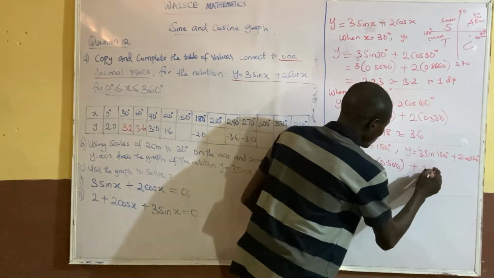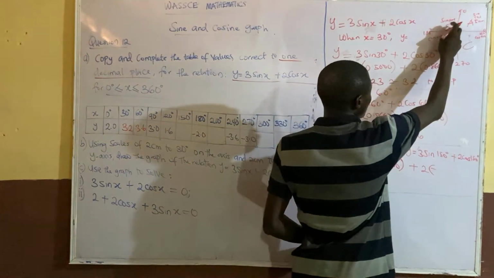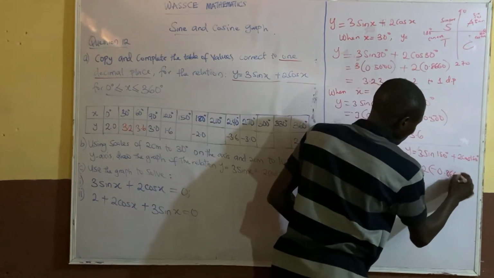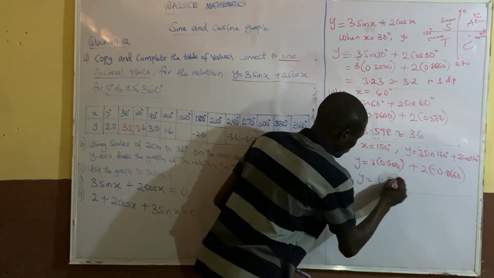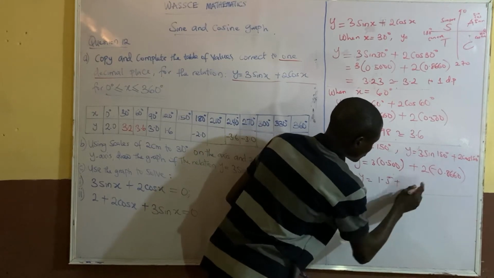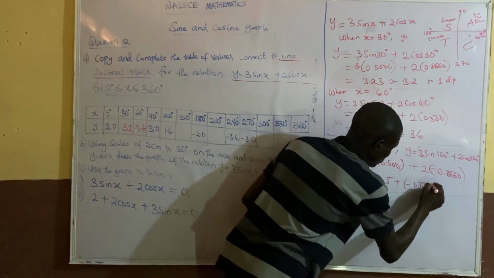Plus 2, because it is here at the second quadrant now, the cos will be negative, so it's minus 0.8660. So we have y equal to 1.5 plus, when you multiply this one, you get minus 1.7320.